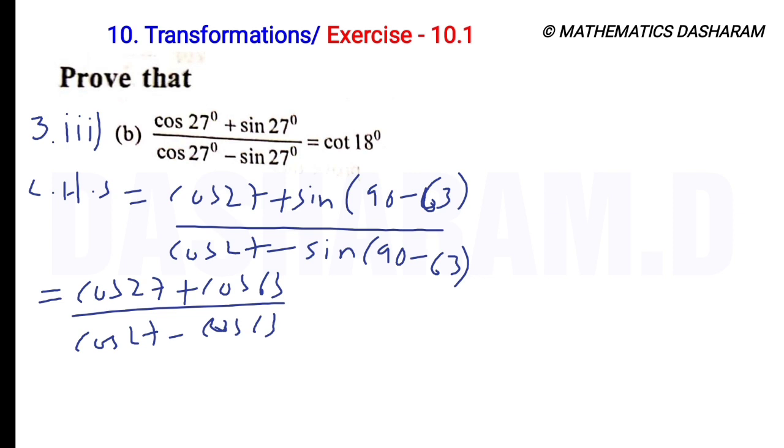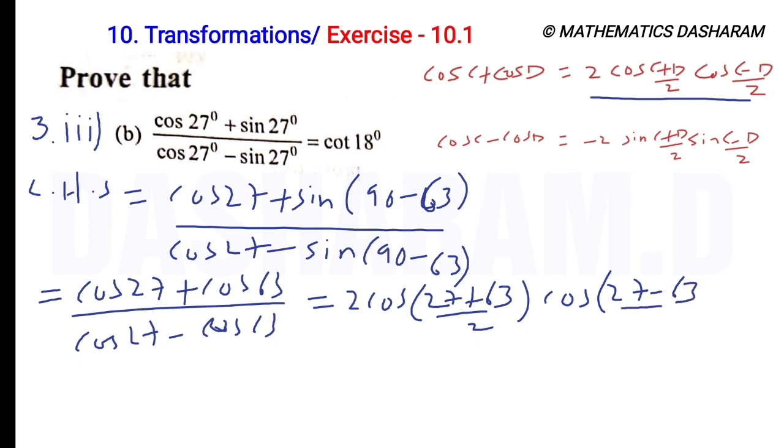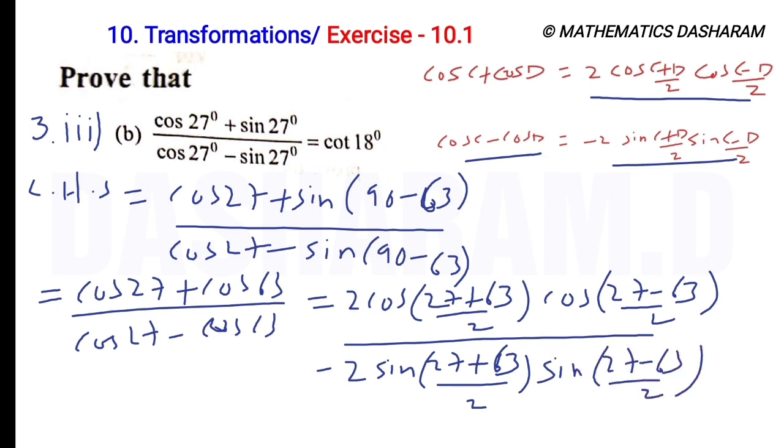So now here the cos c plus cos d formula for the numerator and the cos c minus cos d formula for the denominator. So the cos c plus cos d formula is 2 cos c plus d by 2, so 27 plus 63 by 2 into cos 27 minus 63 by 2, divided by the cos c minus cos d formula, minus 2 sin c plus d by 2, 27 plus 63 by 2, into sin c minus d by 2, 27 minus 63 by 2.